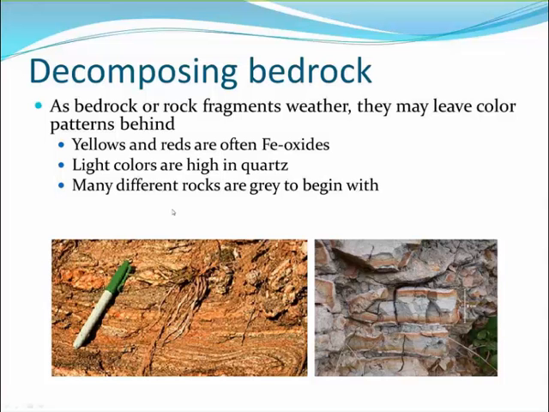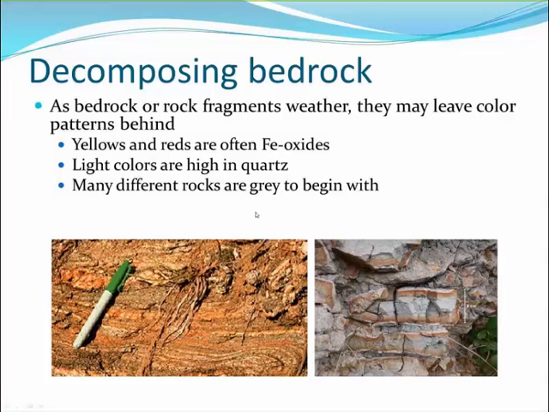So we get yellows and reds in decomposing bedrock, and those yellows and reds are often due to iron oxides. Oranges, other colors. The light colored bands in here are primarily due to quartz.